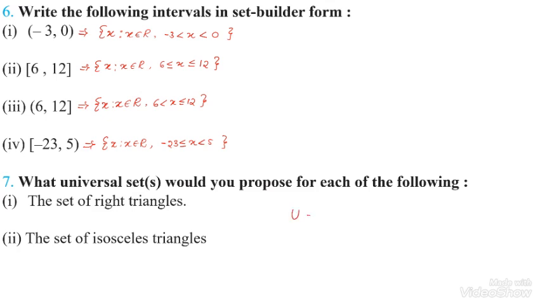Therefore, here the universal set is the set of triangles. From this universal set, we can take the set of right angle triangles, or else the set of isosceles triangles. From this universal set, we have to make these 2 sets.